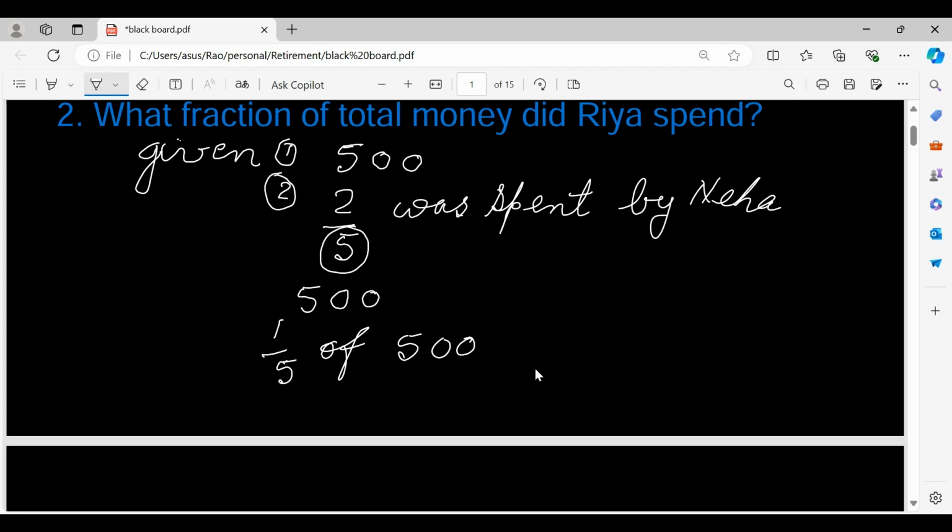So one-fifth multiplied by 500, and that is going to be 100, because you know 1 is 1, 5 is 5, and 0 0.